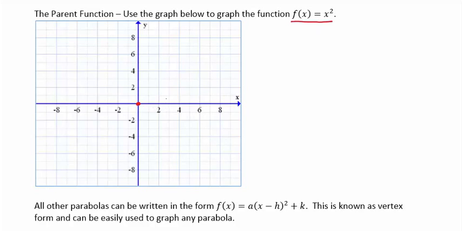its vertex is at the origin, and then the pattern that we have to follow is up 1, right 1, up 3, right 1, and up 5, right 1. And that pattern works on the other side as well.